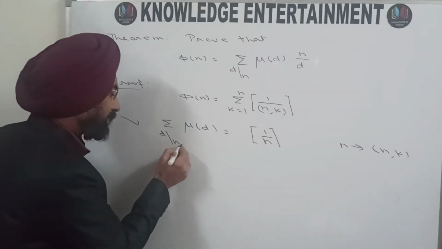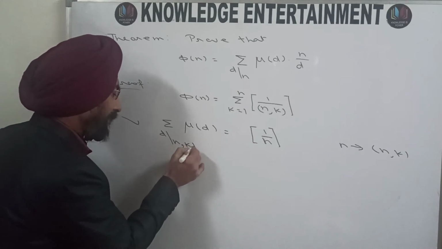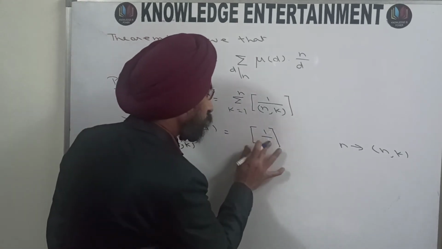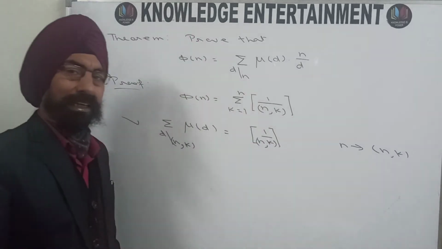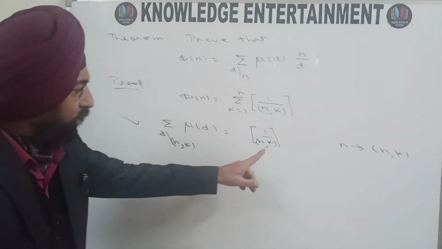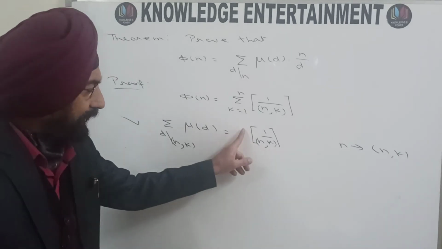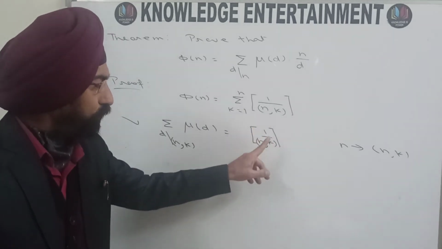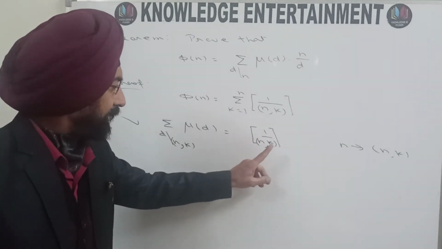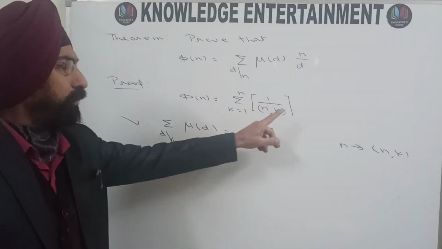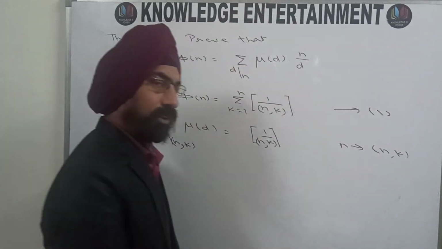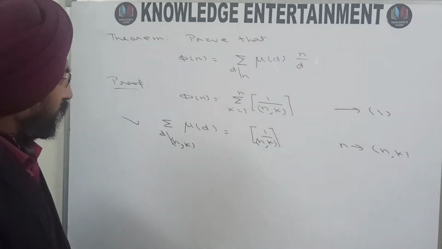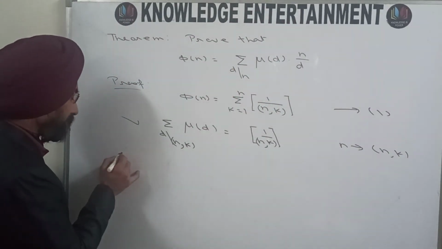Then you will get GCD of n and k here, and also here. The value of the greatest integer of 1 upon GCD of n and k, you substitute in equation number 1.